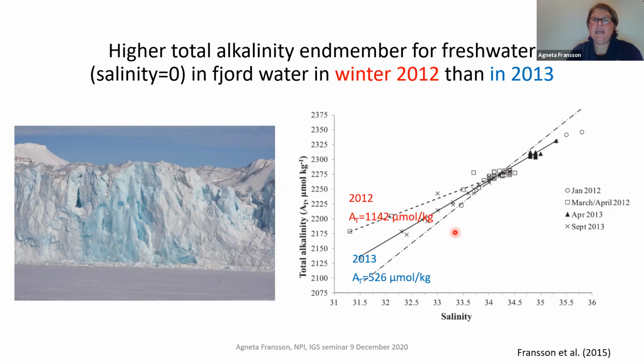Something else adds alkalinity to this sample. In 2013, we didn't have this high intercept at 0 salinity. We have 526, so we have a little bit less of this fresh water end member, but still some contribution from something else, because if you had no contribution of any particles or carbonates, it would be 0 with only fresh water or dilution.